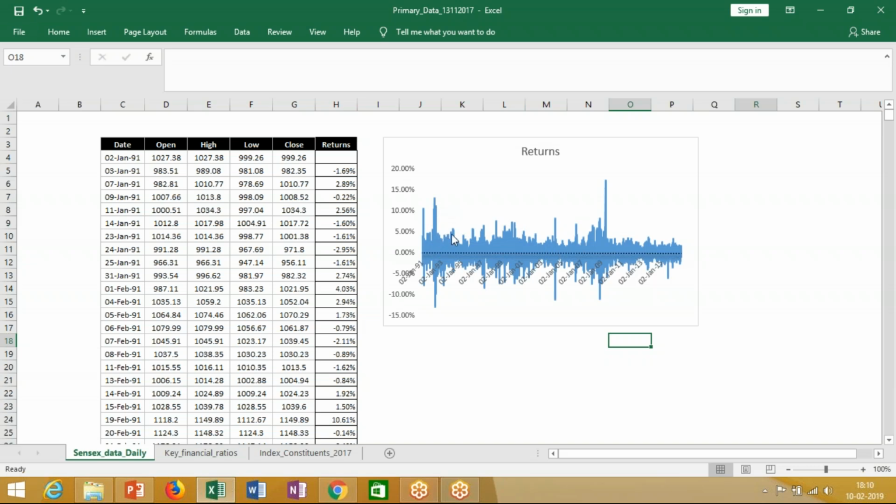So what is there which causes these movements? These are not at a constant height. If you see here, there are certain clusterings, there are certain spikes, there are certain downward spikes, and so on. So you have all these movements.